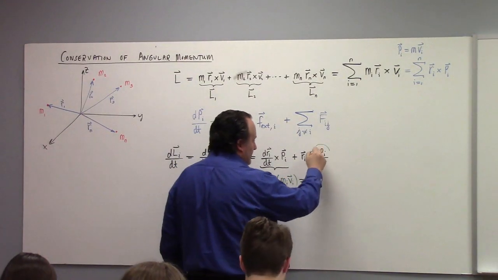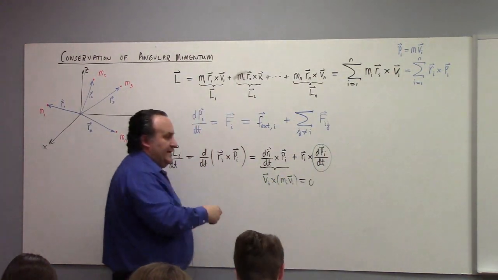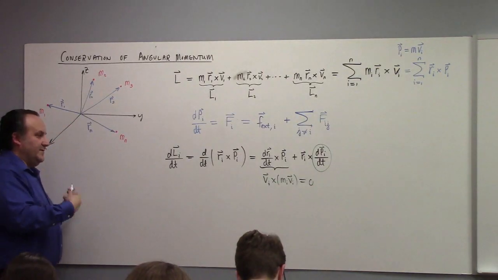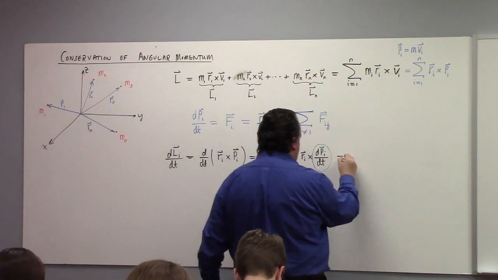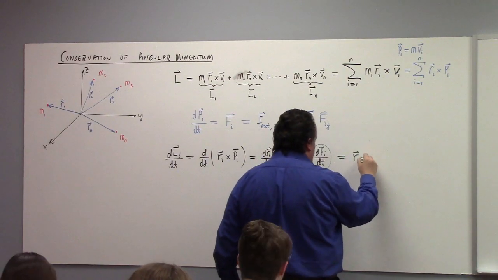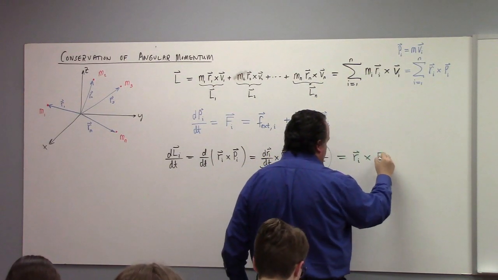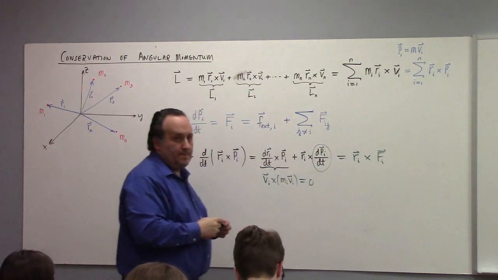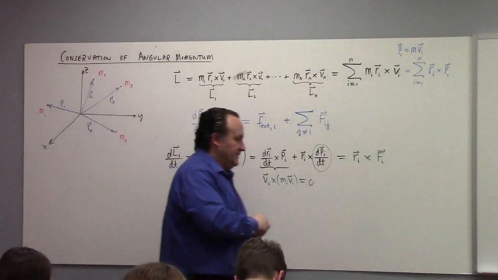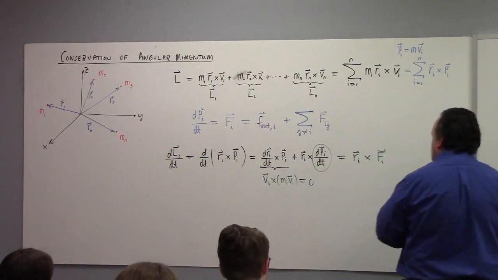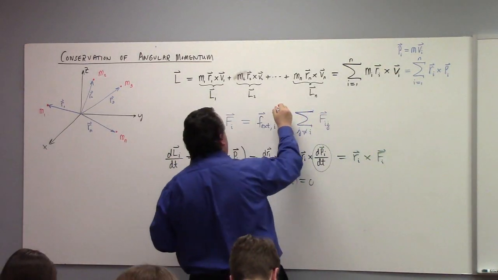But this right here, that's the net force on the ith particle. So we have, lo and behold, r sub i cross the net force on the ith particle. But we know also that we can express that ith force.